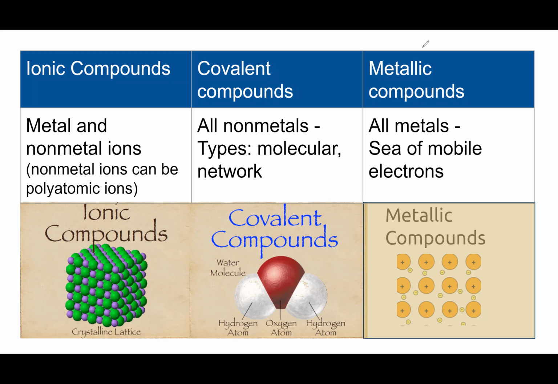The non-metal ions can also be polyatomic ions. So I could have sodium carbonate. That would be an ionic compound because sodium is a metal, and it takes away one, so for example, sodium Na plus, and then carbonate CO3 minus.